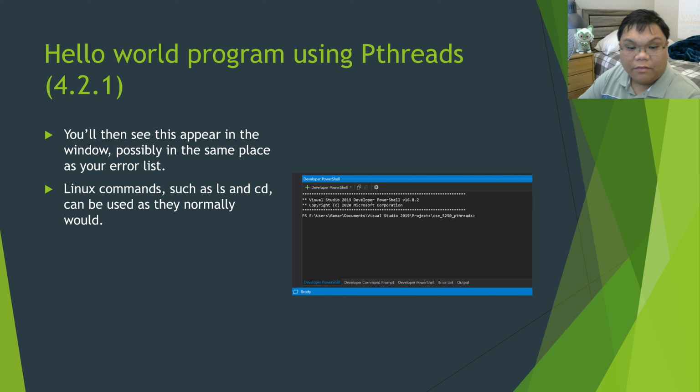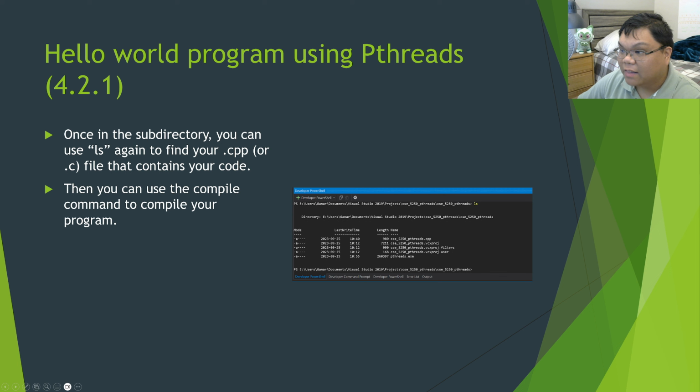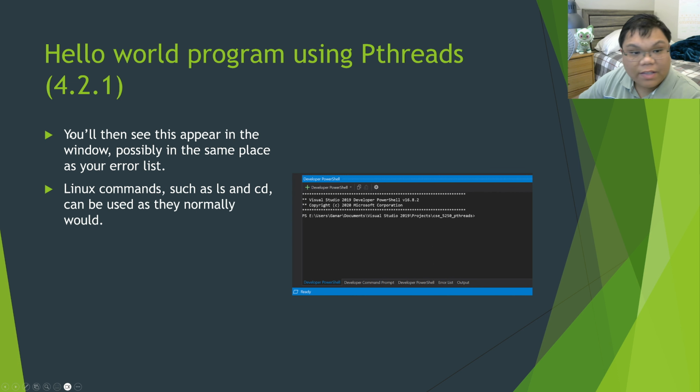Okay. We have our developer PowerShell. We can use all of our Linux commands, such as ls. So we can use ls to determine where we are in our folder. When we start up this PowerShell, we are in a project folder called CSE-5250-60.